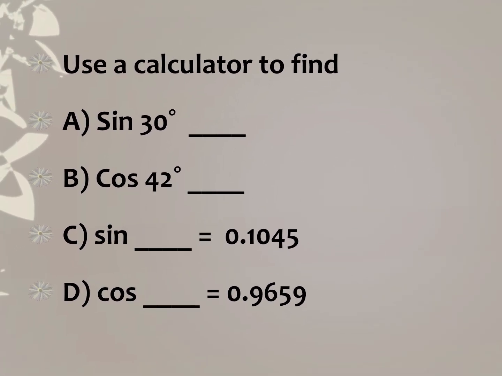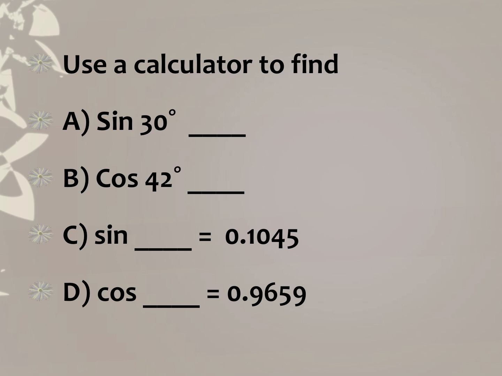Please round to the nearest hundredth. And then for C and D, round to the nearest whole number. Remember for C and D, because you're solving for your angle, you have to use the inverse.